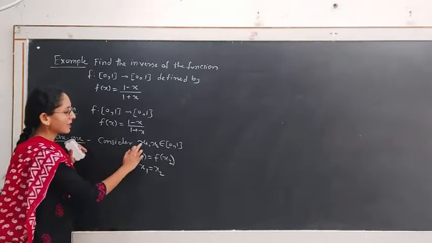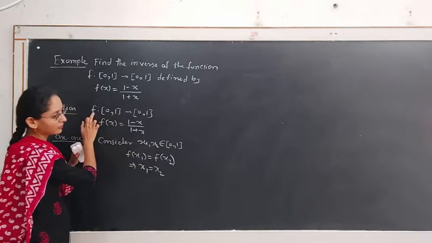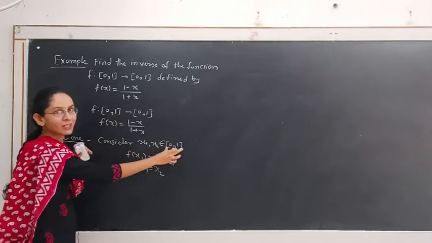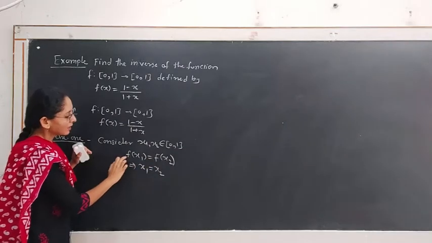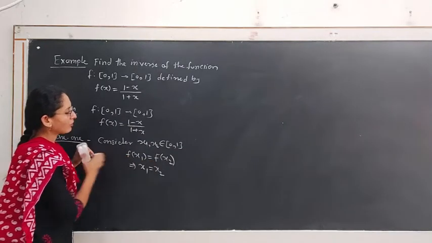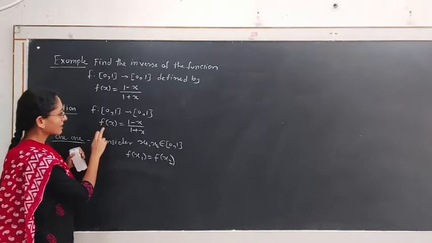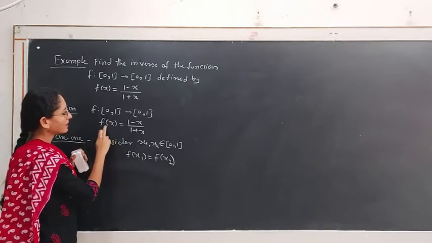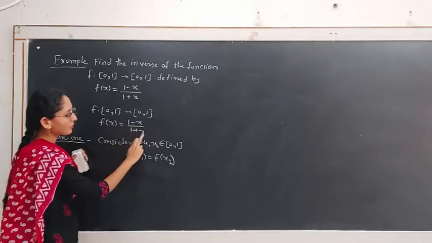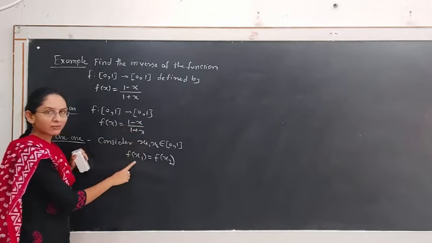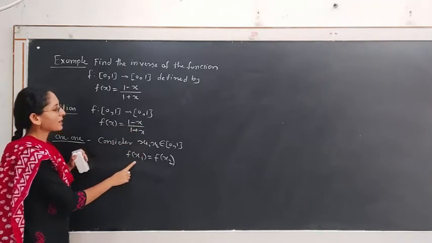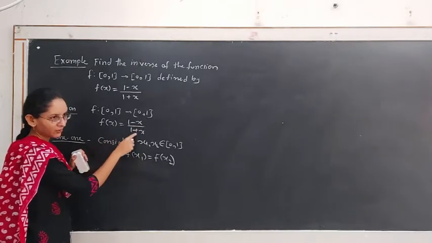Now consider x1, x2 belonging to the domain set of f. The domain of f is closed interval [0, 1] and consider f of x1 equal to f of x2. In this example, the function is defined by f of x is equal to (1 minus x) upon (1 plus x). Hence, f of x1 will be obtained by replacing x by x1 in this function.